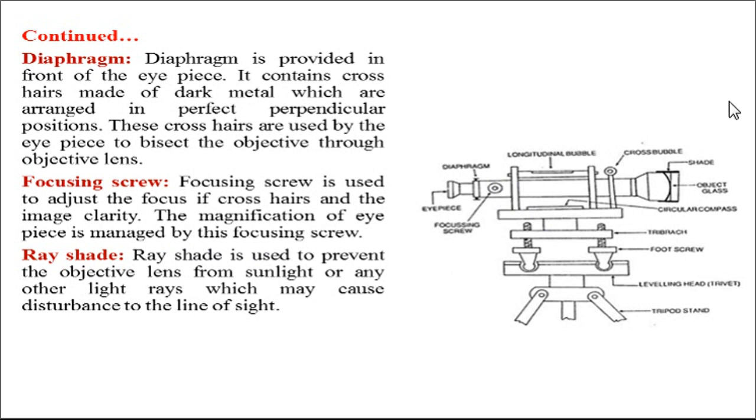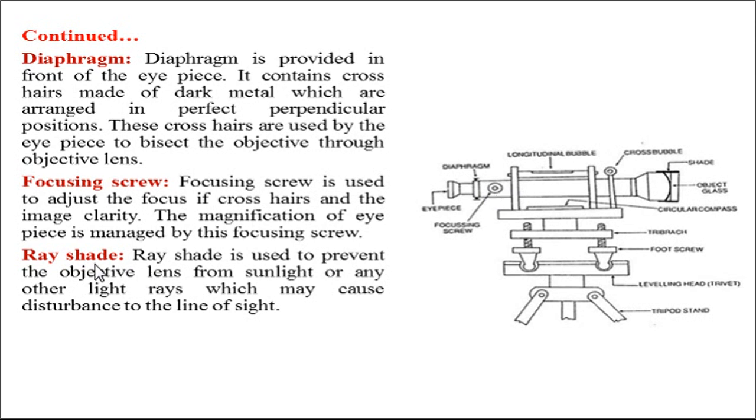To get a clear image of the staff which is held in front of the objective glass, and to get a clear image of the crosshairs provided on the diaphragm, the focusing screw is provided. As we know, for a camera also a focusing screw is there. So from the focusing screw we can get a clear image. In the same way the focusing screw is provided for the dumpy level also.